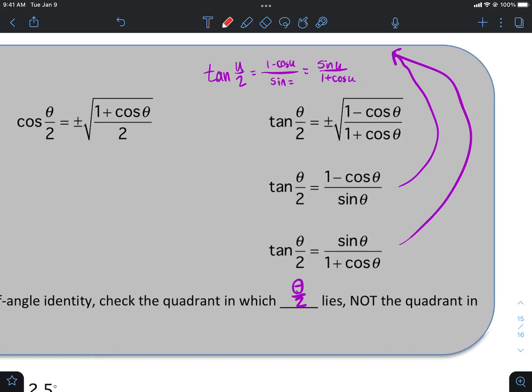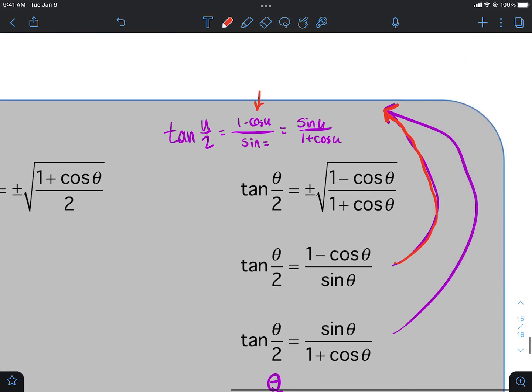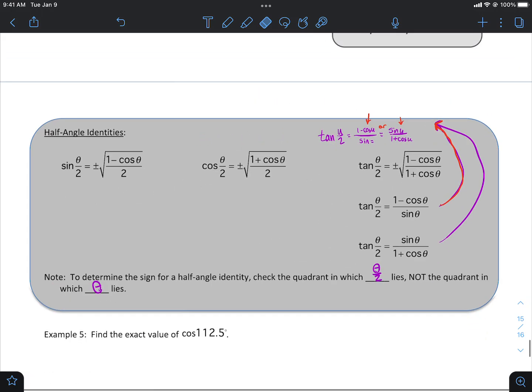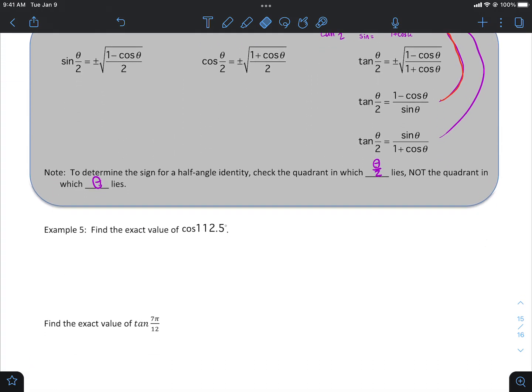For tangent, I know on your formula chart it'll look like this, but really these are these 2 examples right here. So you don't actually set things equal. It's this one or this one, or this first variation, which honestly we don't use a ton, maybe in very specific cases. So alright, let's show you how to knock these out.